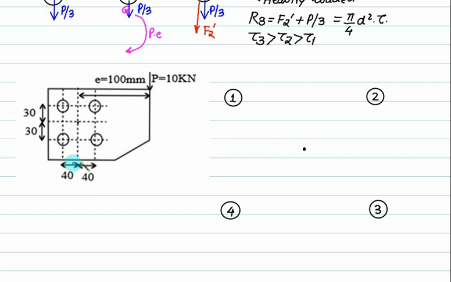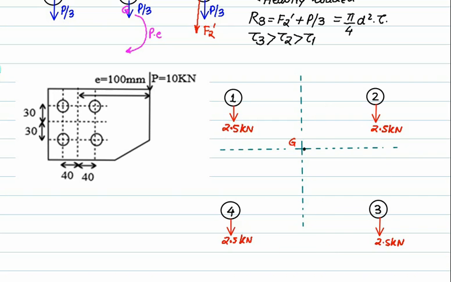So this distance is 40, 40 and this distance is 30, 30. The force of 10 kN is equally divided among all 4 rivets, so 2.5 at all places. This one is the primary shear force, 2.5. To find the value of the secondary shear force, we join each rivet with the center.